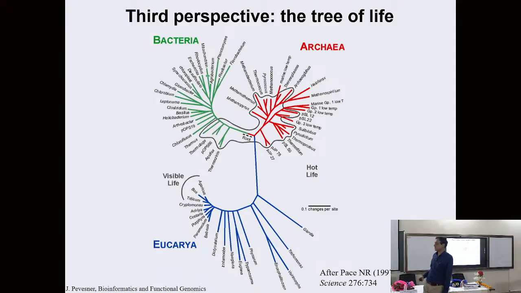This is the third perspective, where you integrate data from all different organisms and try to understand how they are related by comparing the sequences of the biomolecules within their cells. This also advances biomedicine, because understanding the evolution of organisms helps in understanding how diseases have also evolved over time.